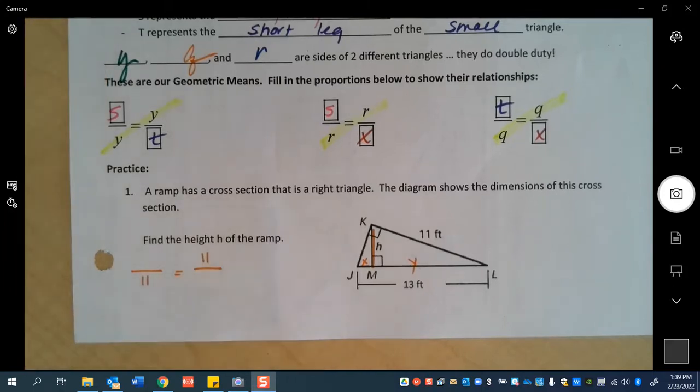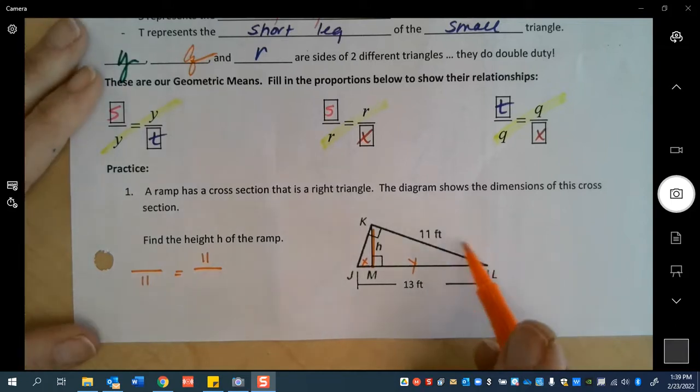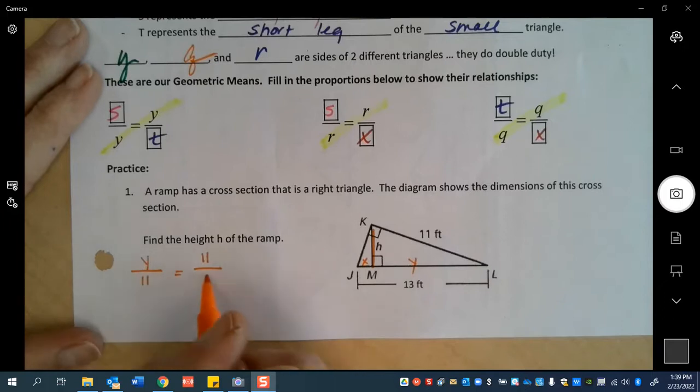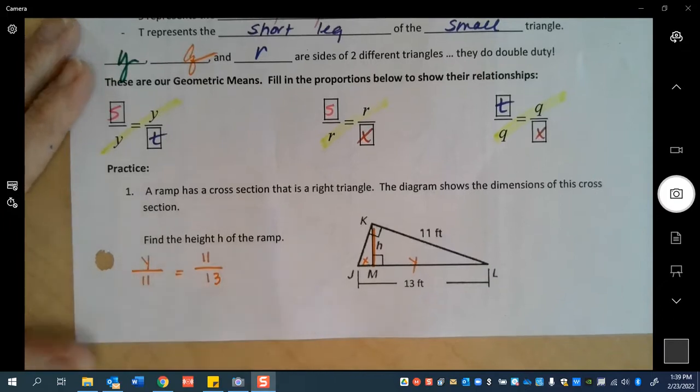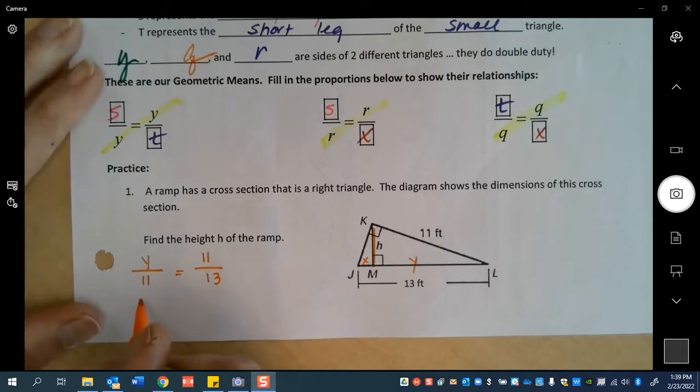With your group mates, tell each other what goes in the other part of that proportion on your mark, set, go. 11 is the geometric mean between the piece that it's touching and the whole. 11 times 11 is equal to 13 times y.